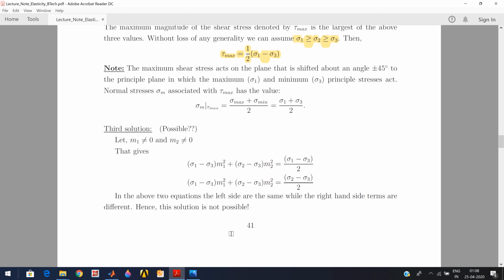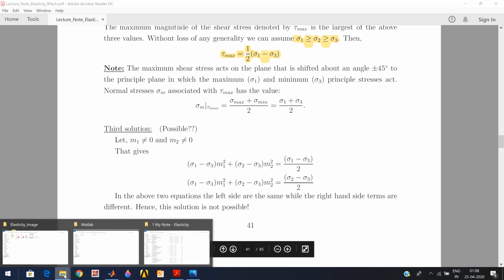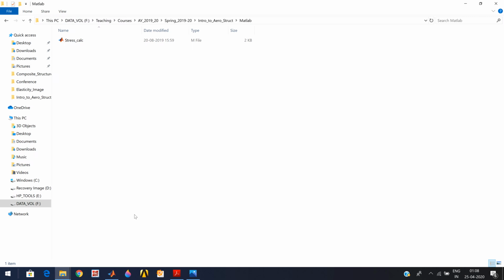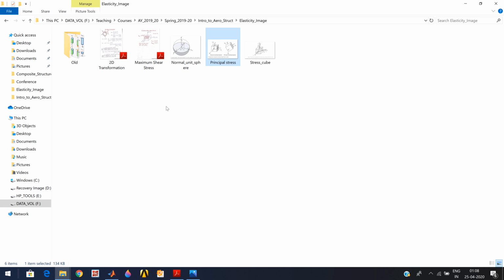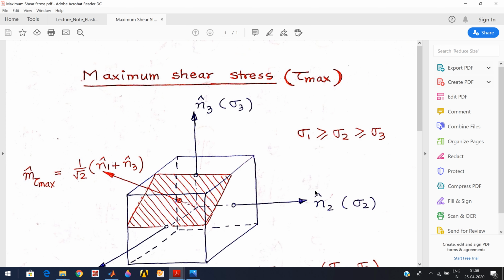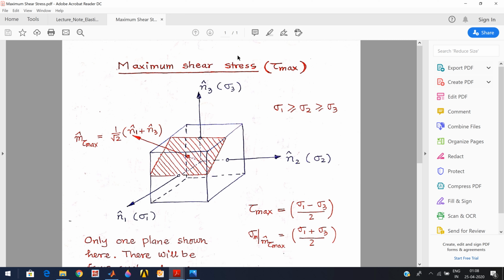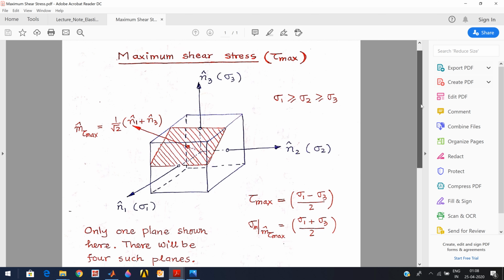Okay, so we can understand this by seeing a picture here. I just want to show you this. So let us just look at this figure.